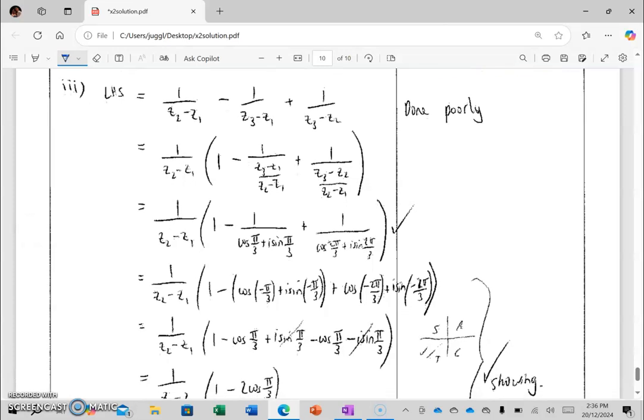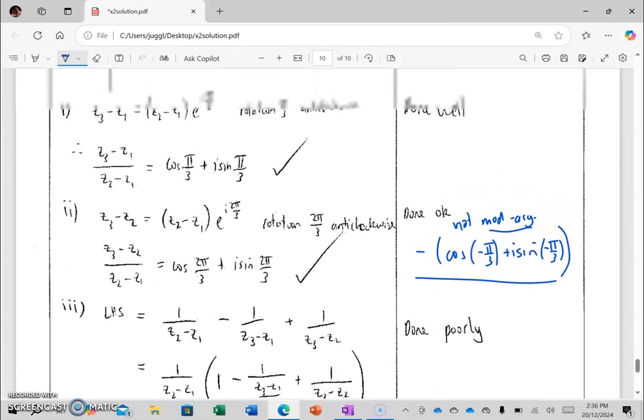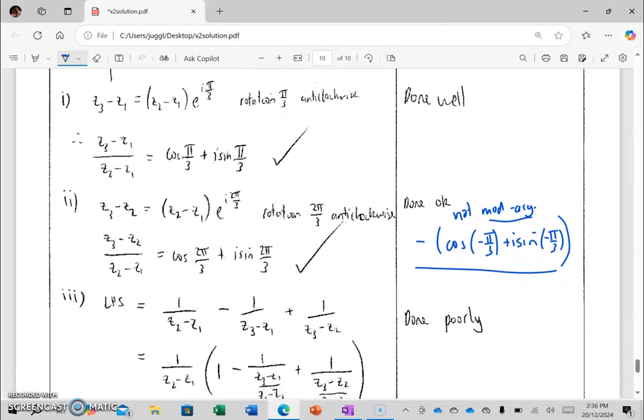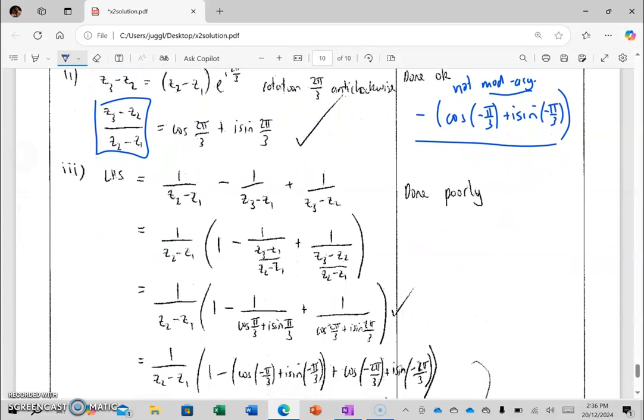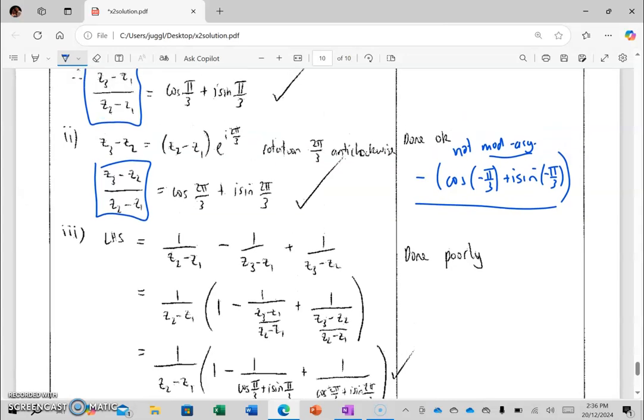What I was looking for was, because in part 1 and part 2, you had a connection here and a connection here. And these, if you look very carefully, matched up very, very well. The denominator here was this bit, and then the numerator of this is here, and the numerator of this one's here.